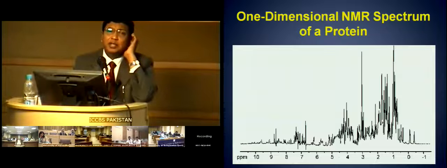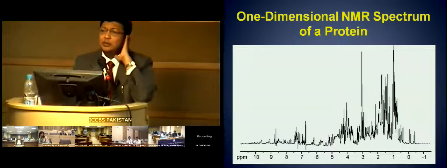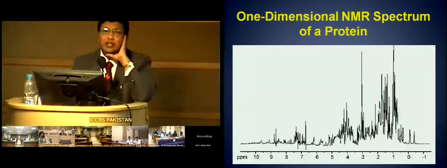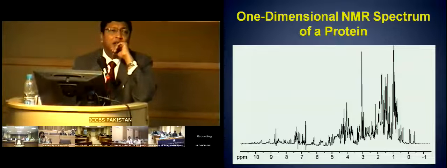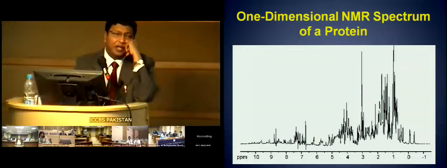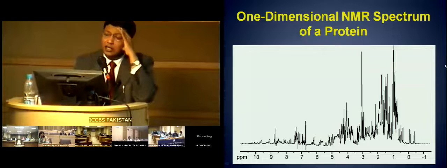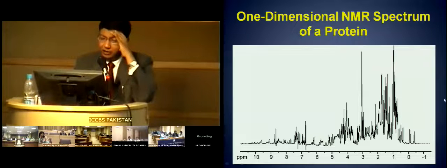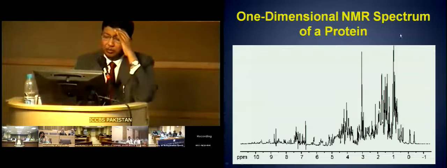You sometimes coupled, you sometimes decoupled, you carried out double resonance NMR spectroscopy, you have done selective INEPT, you have done INEPT, you have done DEPT, and you have done INADEQUATE, everything. You have done everything, and at the end of the day, this is what you get. A one-dimensional proton NMR spectrum of a protein. Now, try to solve this.